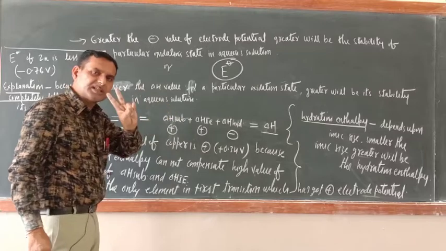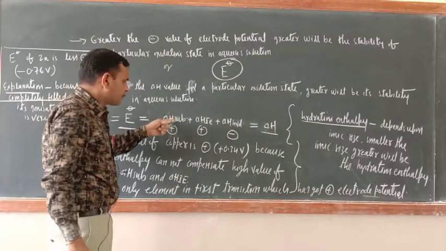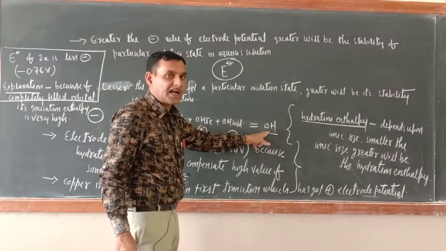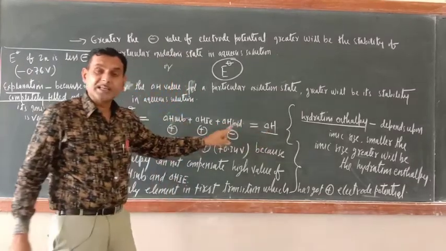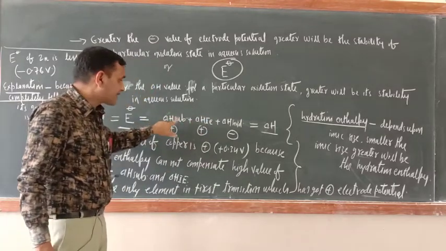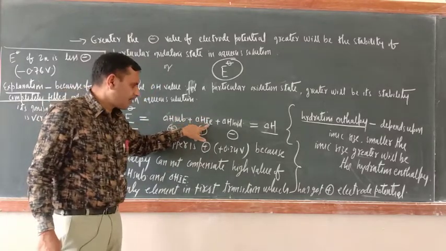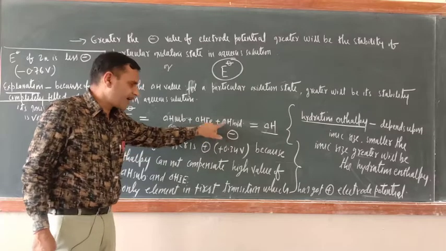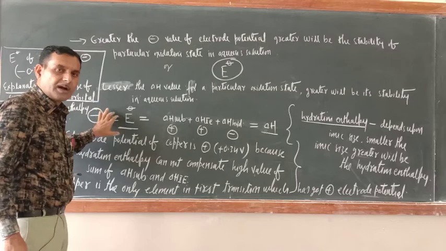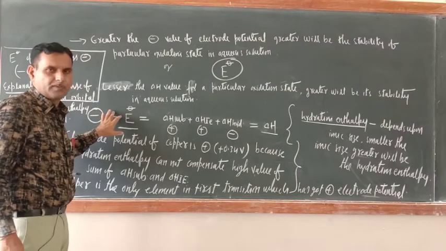So once again, if you sum sublimation, ionization enthalpy and hydration enthalpy, you will get the delta H overall value. So delta H value is a quantitative value, but by summing them you will not get the value of electrode potential. So we can say electrode potential is a qualitative value.